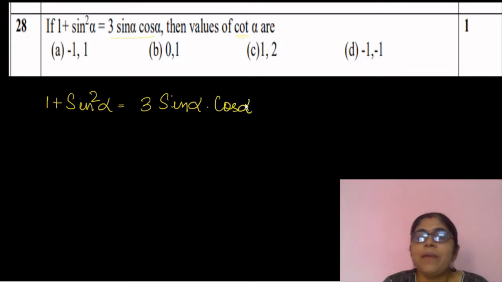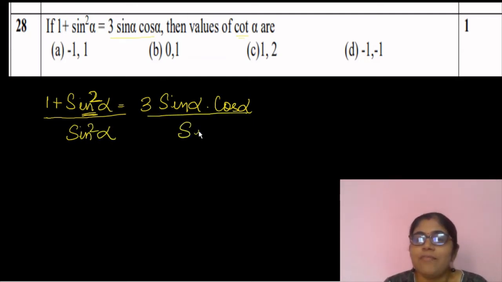Generally in this type of question, the portion having the highest degree should be divided. So this implies that 1 plus sine square alpha divided by sine square alpha equals 3 sine alpha cos alpha divided by sine square alpha.